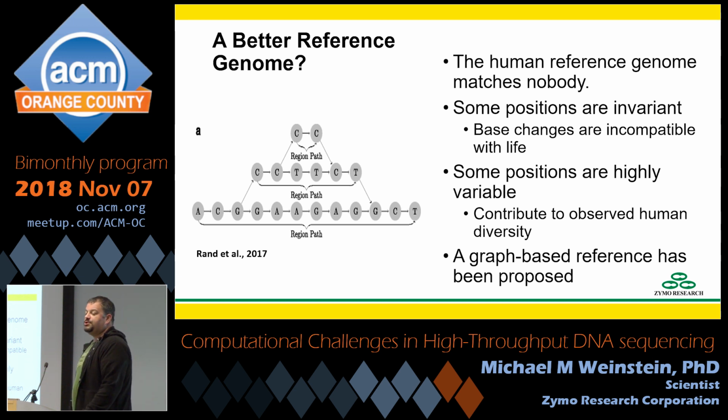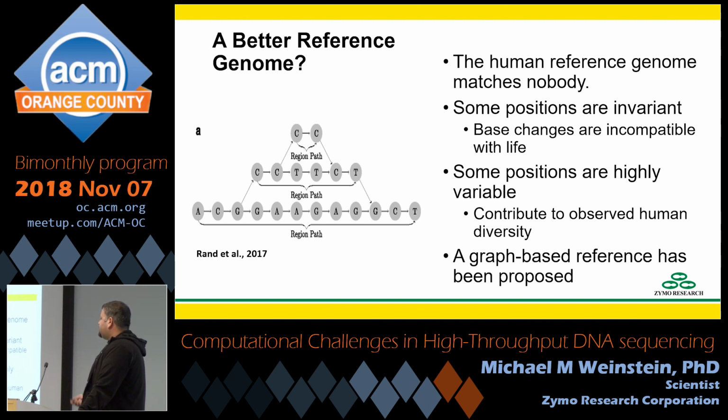We know some positions of the human genome are invariant, because if you change one letter on one copy, it's death. It's incompatible with life. We know some positions are highly variable. These are the kind of positions that 23andMe looks at, and that police like to look at when identifying a suspect. They're highly variable, they don't affect much, so these contribute a lot to human diversity.